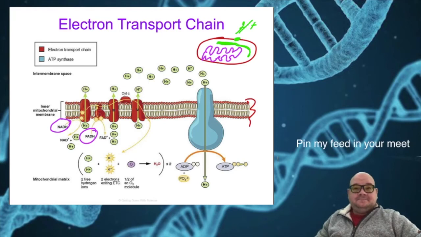And then they're going to go through this ATP synthase, and it literally spins it around. And when that spins around from the hydrogens going through it, it makes lots of ATP.